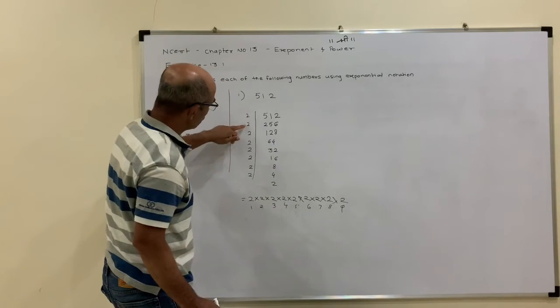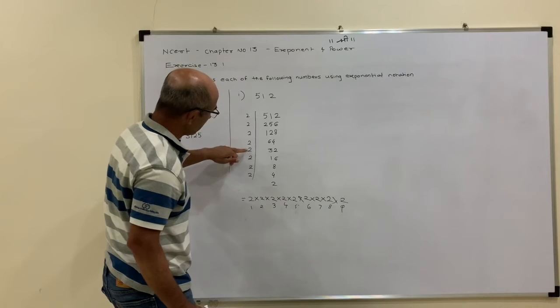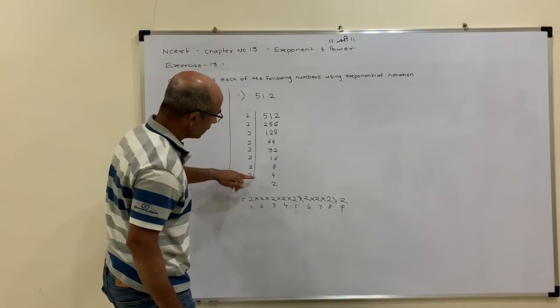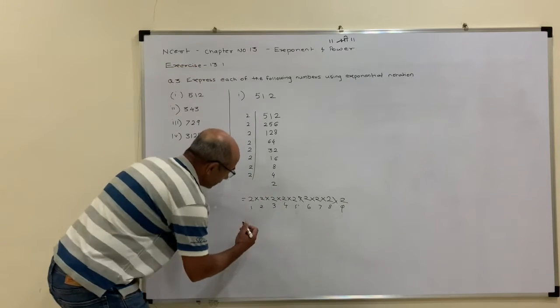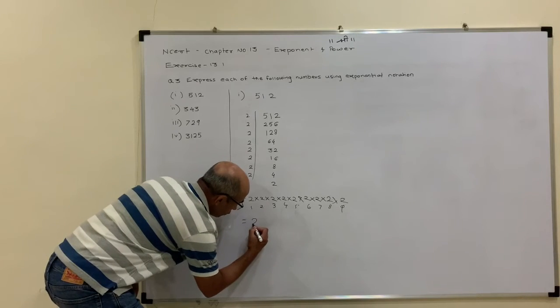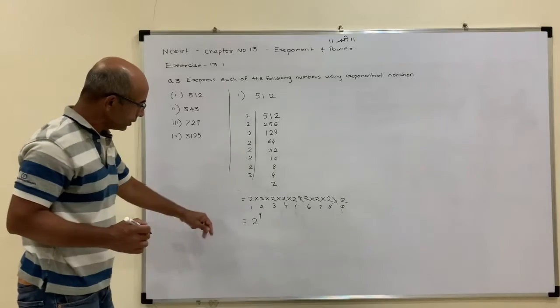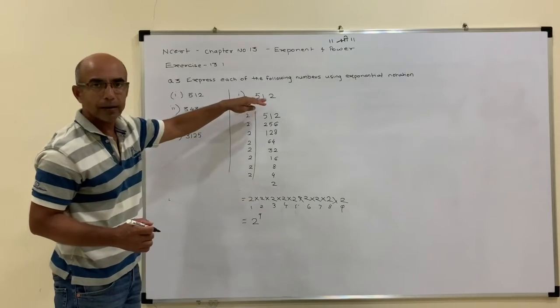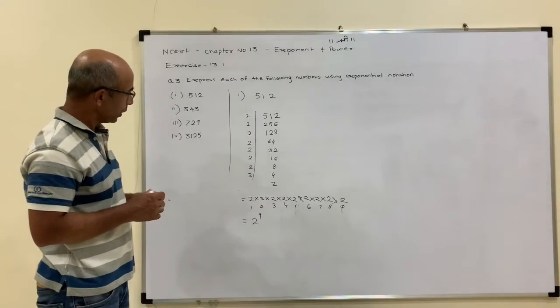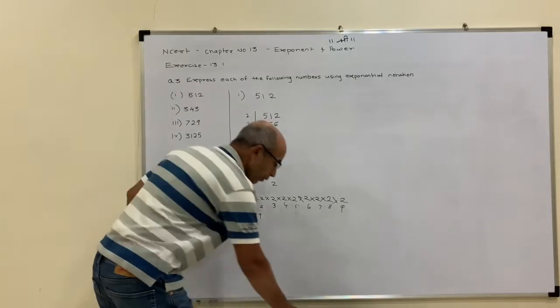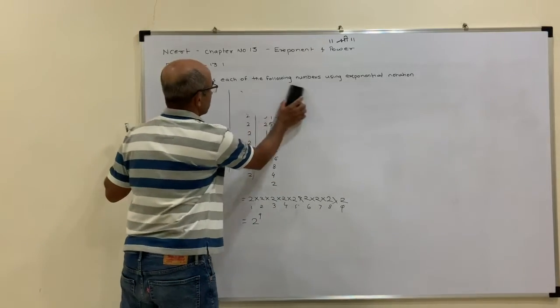So 1 2 3 4 5 6 7 8 and then 9. So this can be written as 2 raised to 9. This is the exponential form in which we can write 512. So now let's move on to the other number.